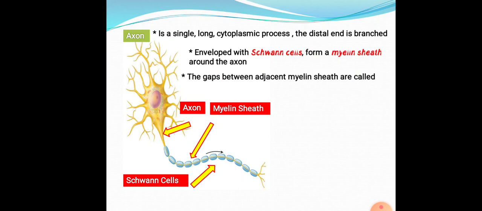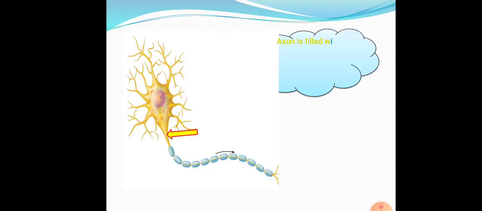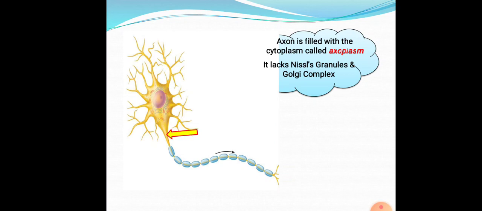The gaps between the adjacent myelin sheaths are called nodes of Ranvier. The axon is filled with cytoplasm called axoplasm. It lacks Nissl's granules and Golgi complex, but the axoplasm has a large number of mitochondria, rough endoplasmic reticulum and neurofibrils.